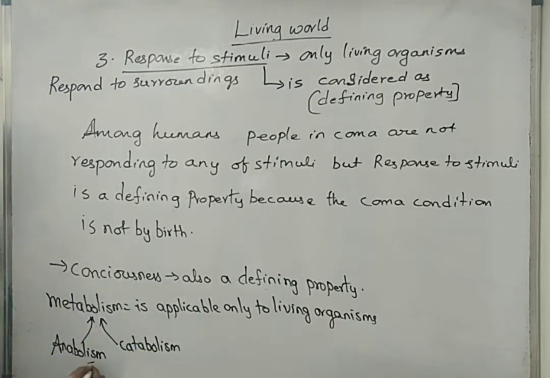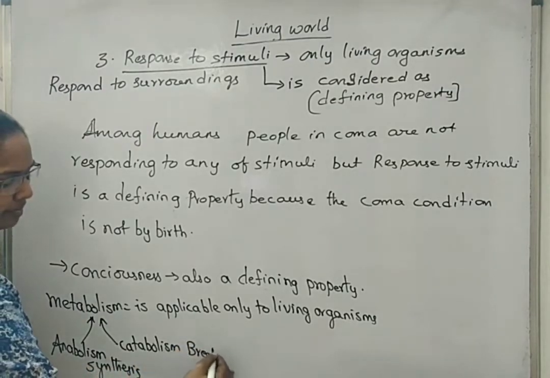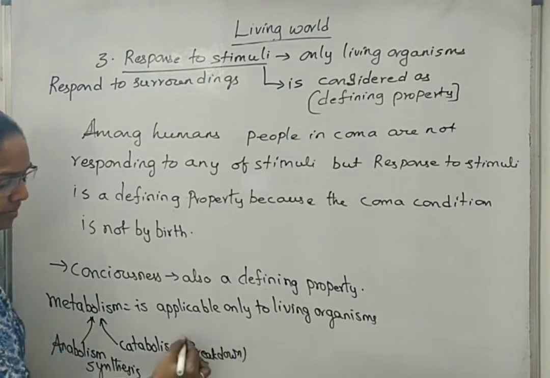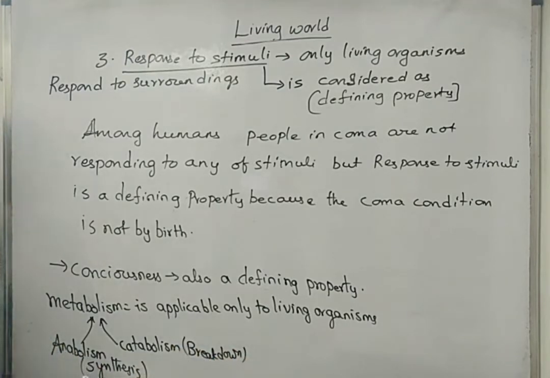Anabolism means synthesis, catabolism means breakdown. Synthesis can be seen by the process of photosynthesis exhibited by the plants. Breakdown, we can say glucose is broken down to release energy. Nothing but respiration we can take example here under catabolism.